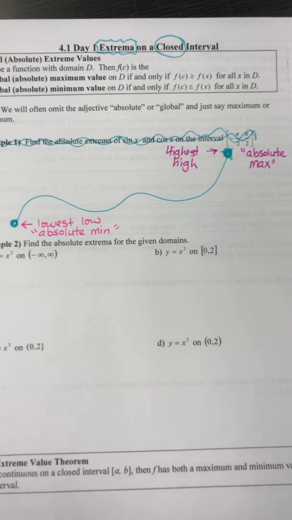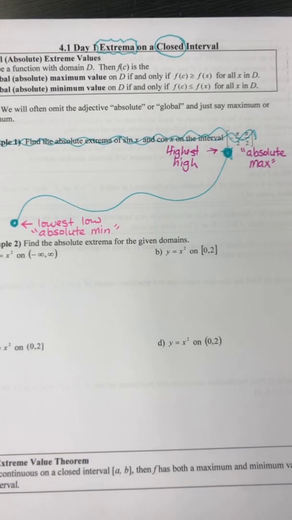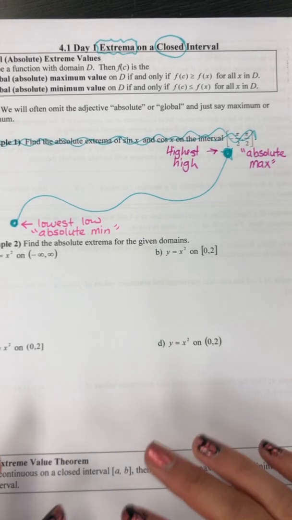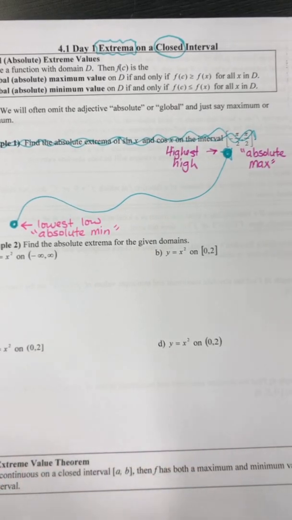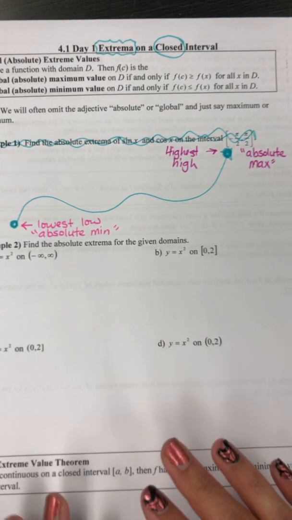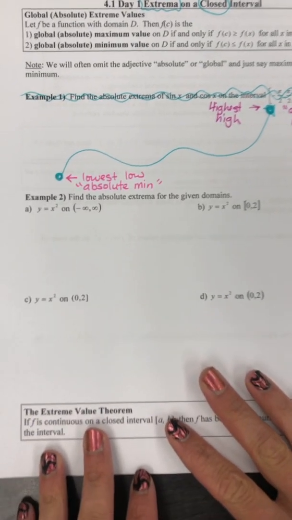And so we're going to be looking for those and figure out how to find them. Okay, that's what we're looking for. We're looking for the extrema. And the extrema are basically the highs and lows of the graph. Okay, but when we want to find the absolute maximum or absolute minimum, we're looking for the highest high or the lowest low.